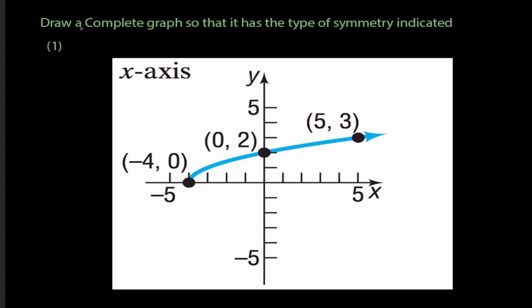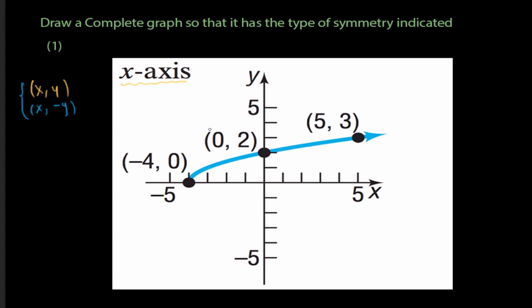Now what we are told to do here is to draw a complete graph so that it has the type of symmetry indicated. Assuming this graph here is symmetric with respect to the x-axis, we are told to complete the graph. There are two ways to look at this. Whenever a graph is symmetric with respect to the x-axis, then for any point (x, y) on the graph, that graph must also contain the point (x, negative y).